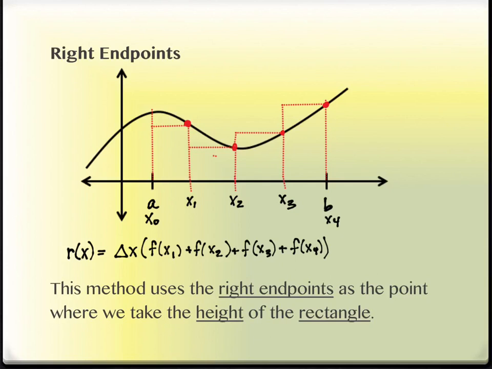And consolidated notation looks closer to what we've done. It's the summation from i equals 1 to 4 of f of xi.